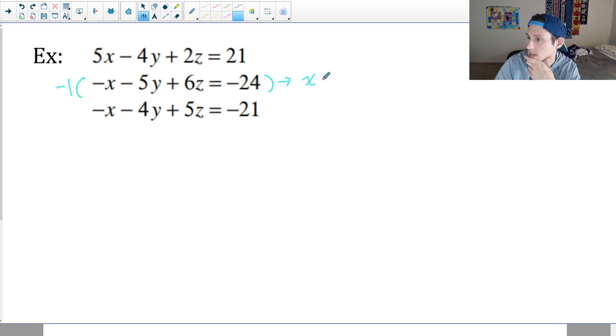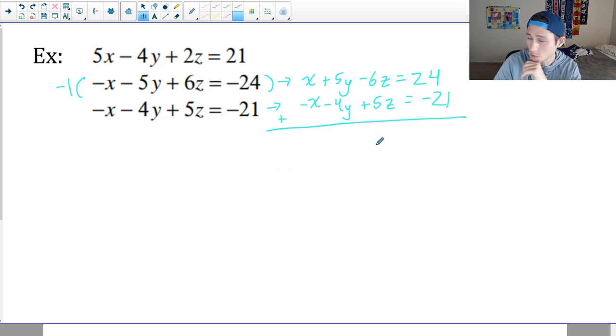So that would give me positive x plus 5y minus 6z equals positive 24. This third equation, I'll just leave as is, negative x minus 4y plus 5z equals negative 21. And then we'll add those 2 equations together.